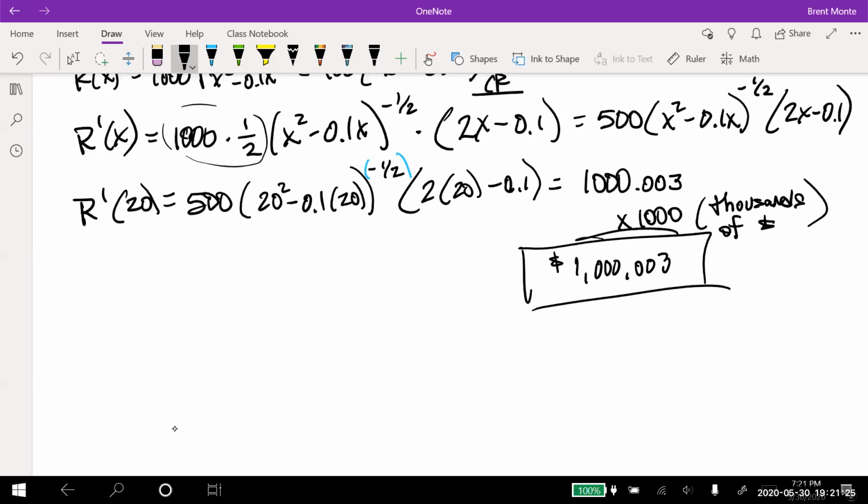So it's $1,003. And remember, it's the rate of change.